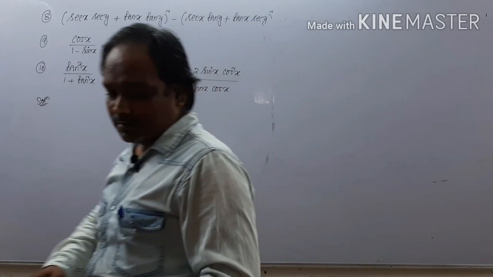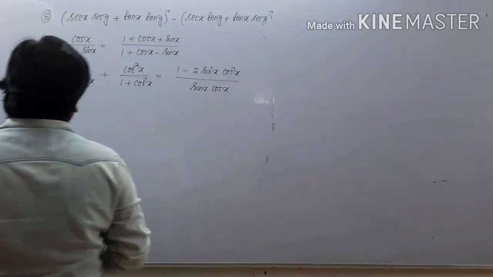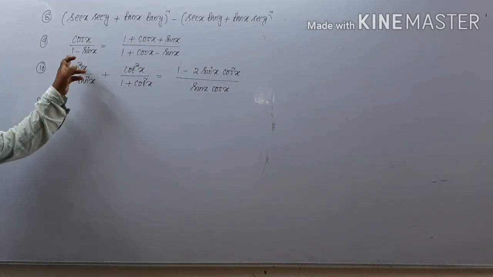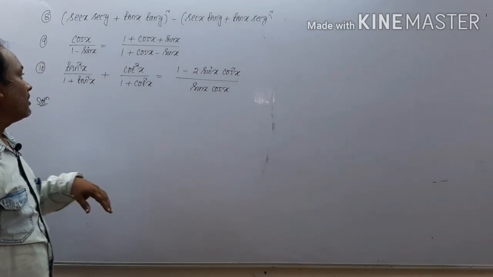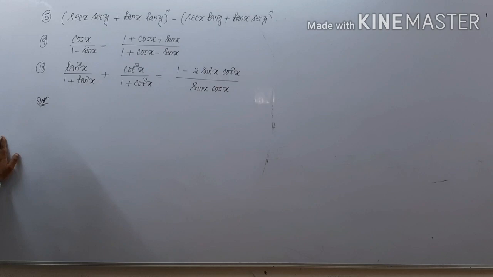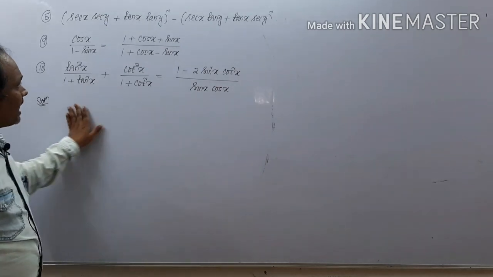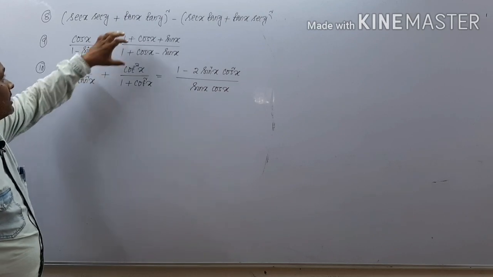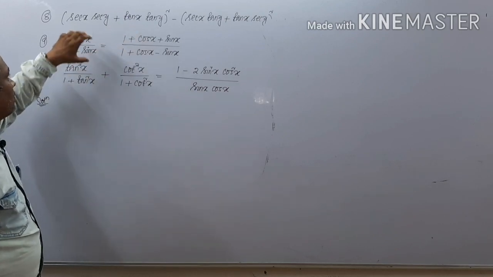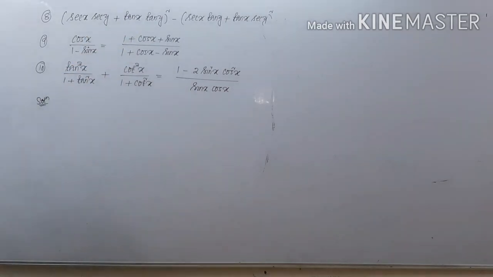See here in question number 9, we have to show that cos x divided by 1 minus sin x is equal to 1 plus cos x plus sin x divided by 1 plus cos x minus sin x. So here I will take the right hand side and I will show that it is equal to cos x divided by 1 minus sin x.